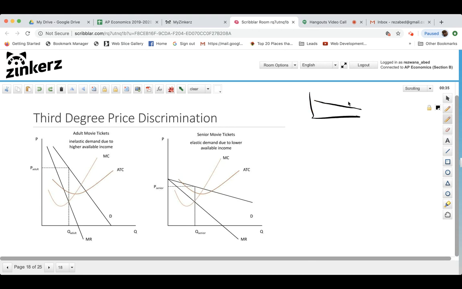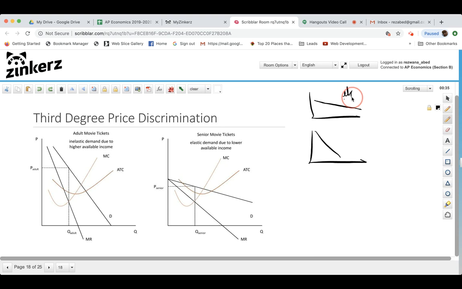Is it elastic or inelastic? And what happens if your demand curve looks like this? Elastic. Which one? The first one is inelastic and the second one is elastic. Oh, so close. It's actually the other way around.